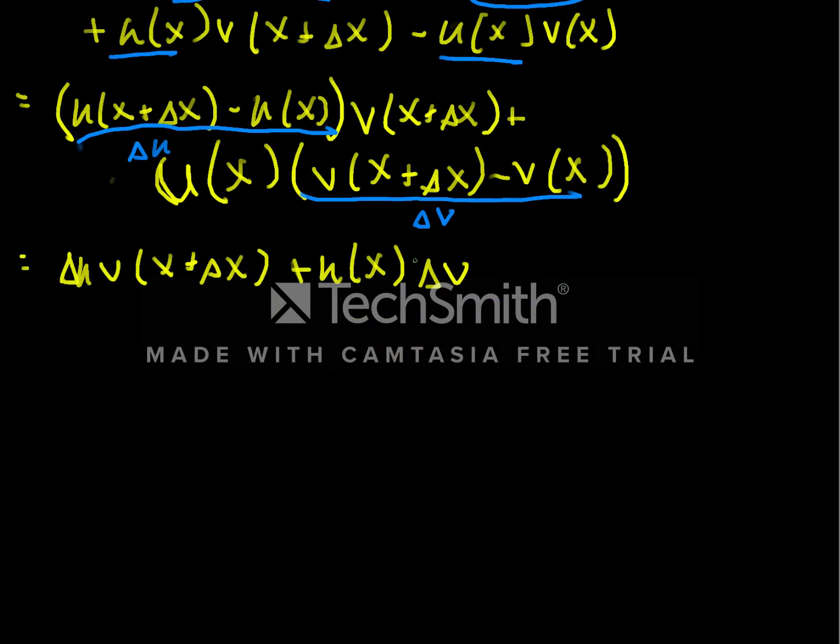All right, so that's how I'm going to write the change in uv, and now I can compute the standard part. So the derivative of uv, their product with respect to x, is the standard part of the change in uv divided by delta x.